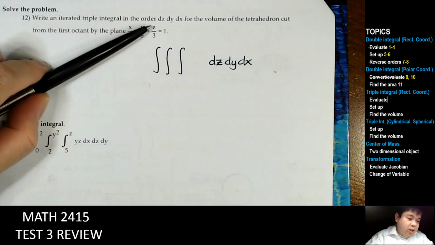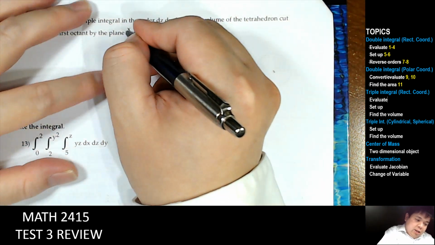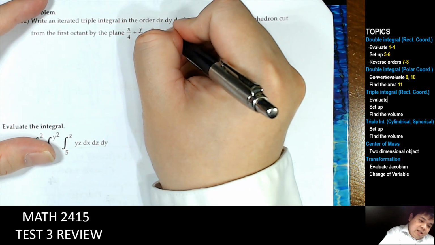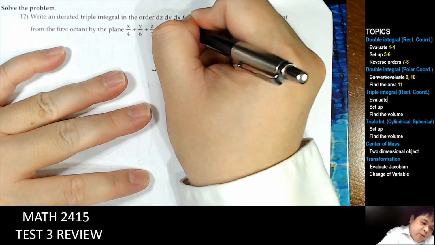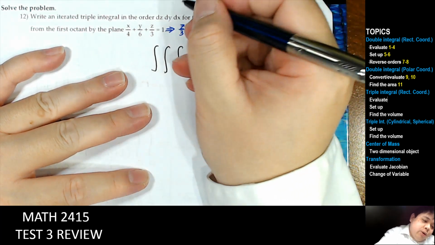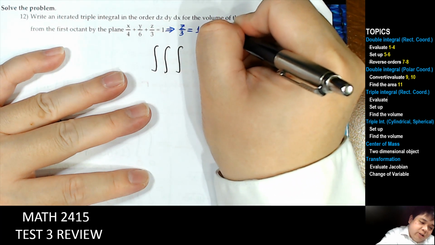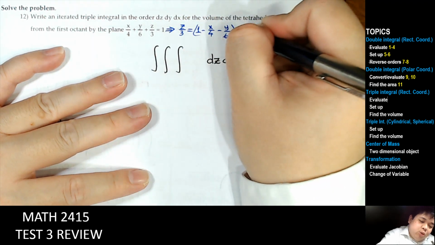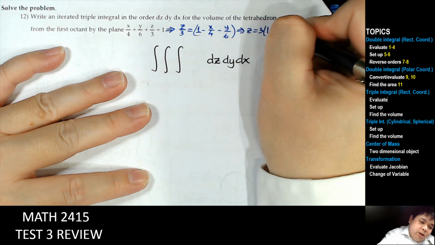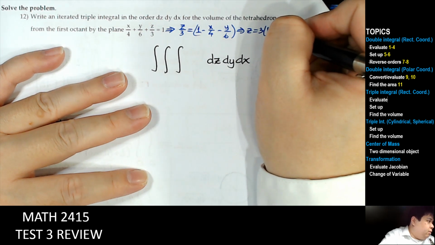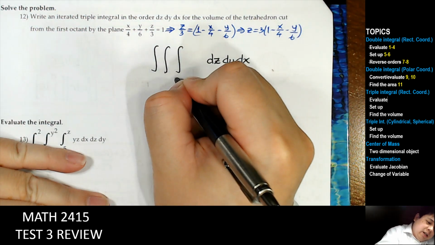So first we look for the limits between the two functions of z. So from here, if we solve for z, z over 3 equals 1 minus x over 4 minus y over 6, and times 3. So z equals 3 times 1 minus x over 4 minus y over 6. That is the limit for z.